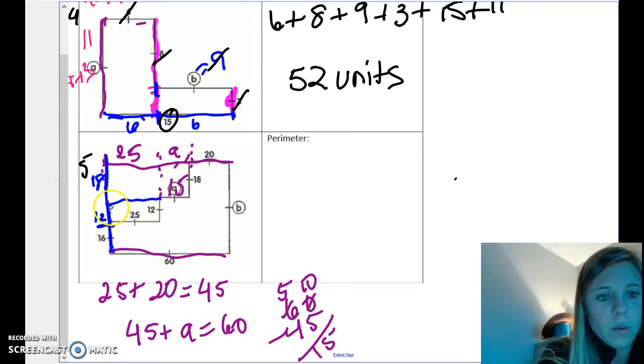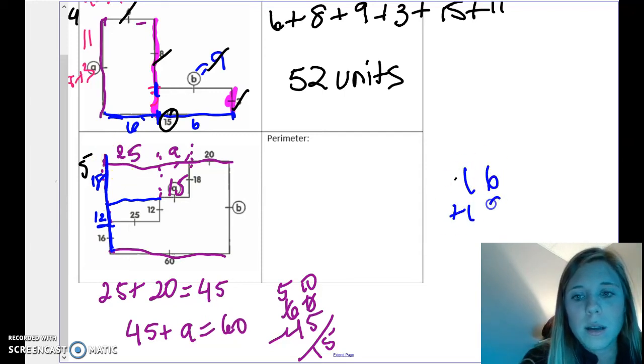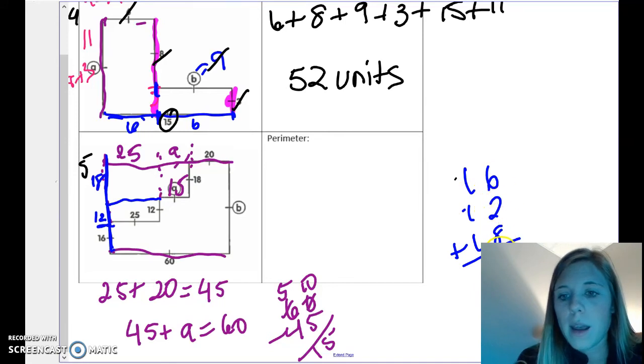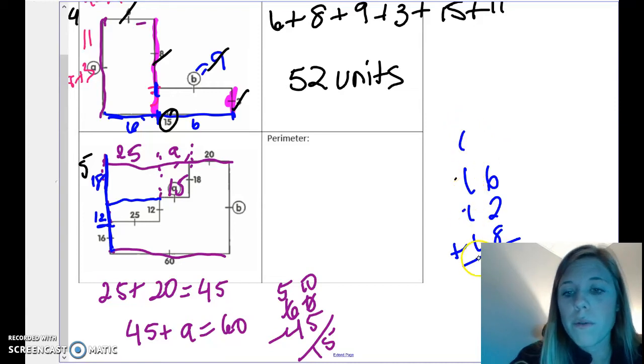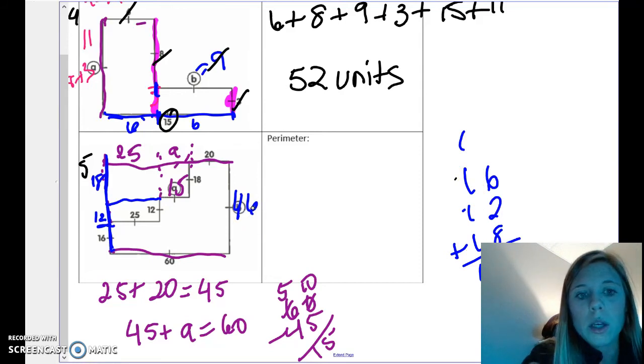So 16, 12, and the rest is 18. So we can just add that up. 6 and 2 is 8, 8 and 8 is 16. And then 1, 2, 3, 4, so 46. So this side B is actually 46.